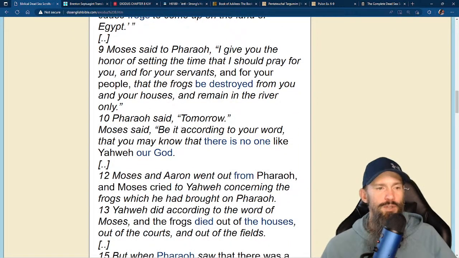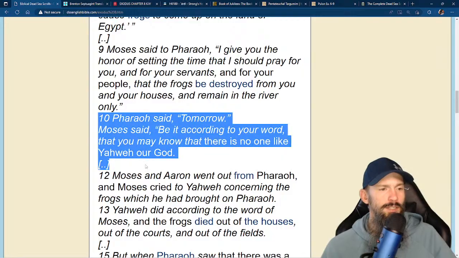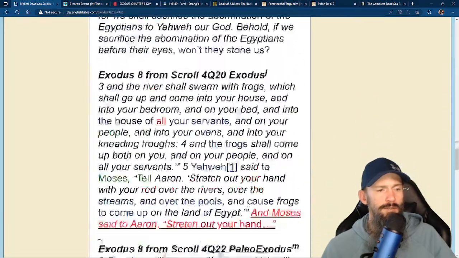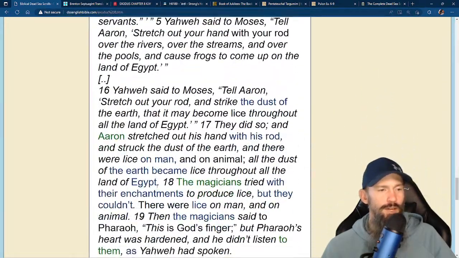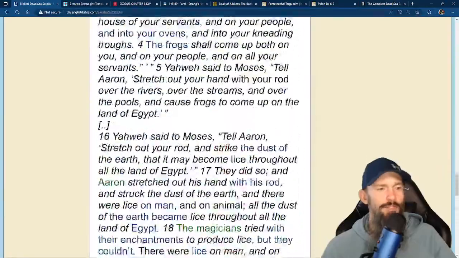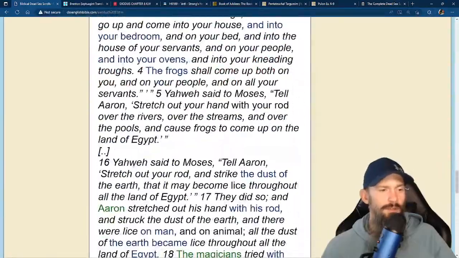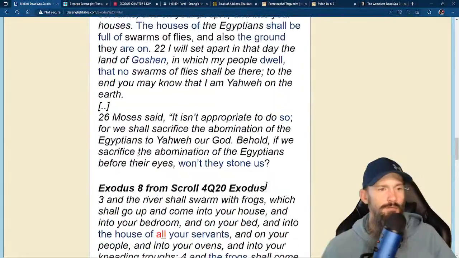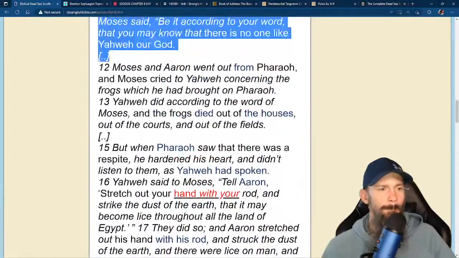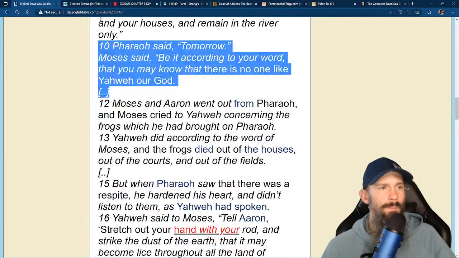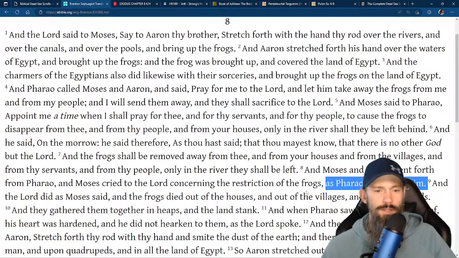Moses said, "Be it according to your word, that you may know that there is no one like Yahuwah our Elohim." That's 11. That scroll has got fragments all over the place. Fragments everywhere. The Septuagint does not match.